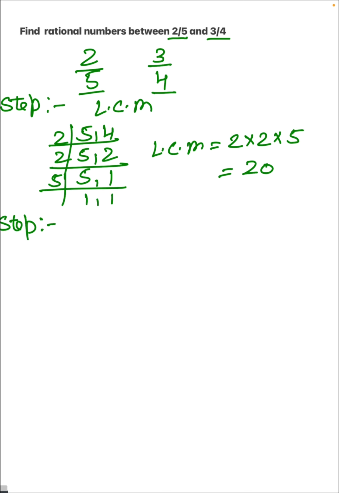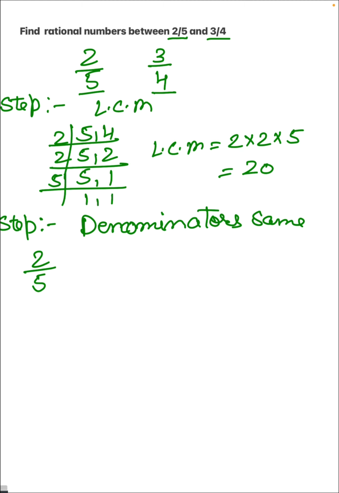Now the next step is we have to make the denominators the same. The first rational number is 2 over 5. We should multiply 5 by 4 so that it becomes 20.